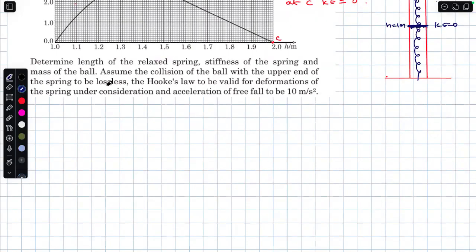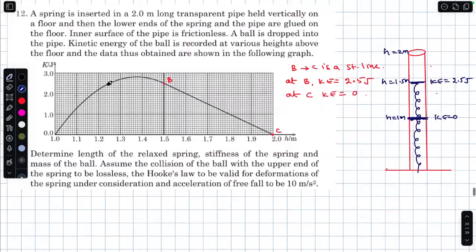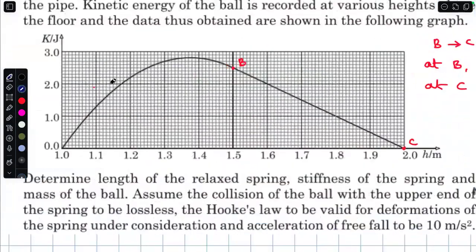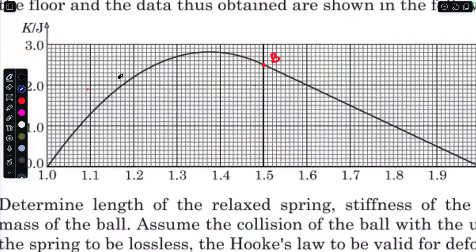You want only the force constant, right? So BC is a linear graph. And one more important point, zoom in. At this point, nearly, let this be A. What is the significance of point A? Can anyone tell me? This is somewhere near 1.3 and 1.4 actually.